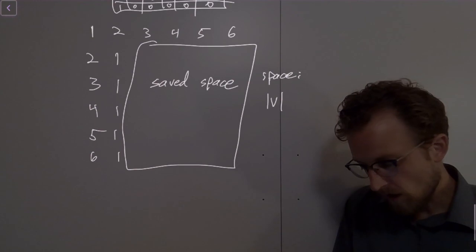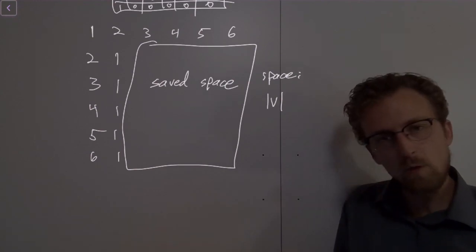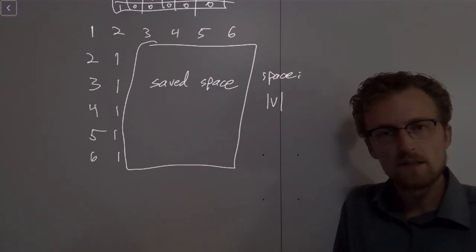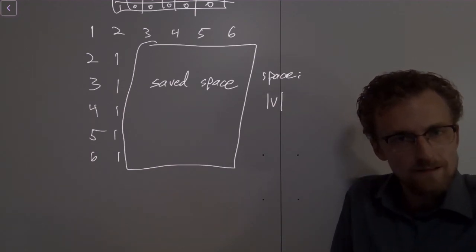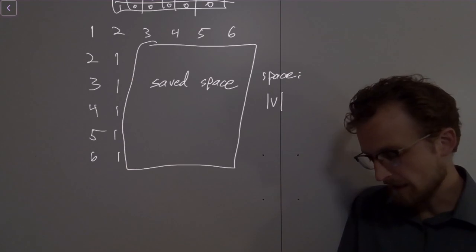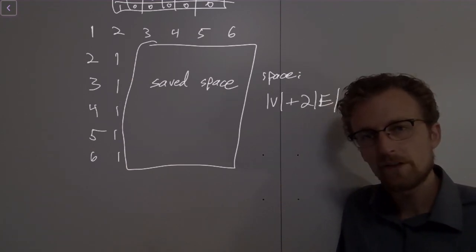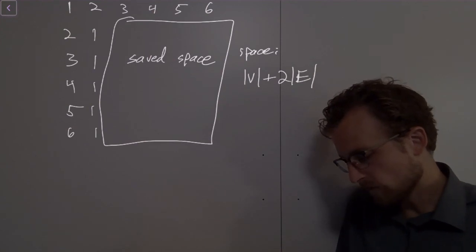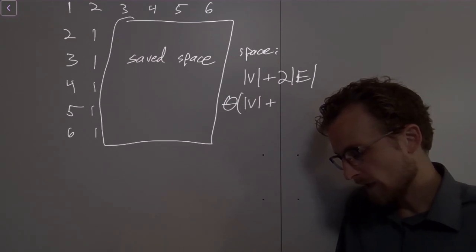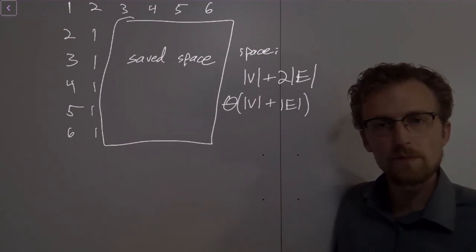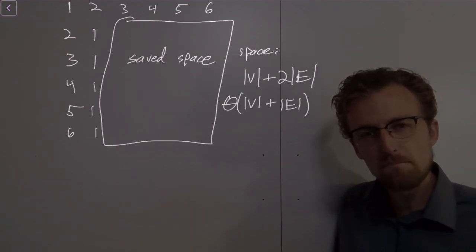So what that means is that the space required for an adjacency list representation is 1 times the size of the vertex set, because we've got v lists, and then 2 times the size of the edge set. We can write this in big theta notation as proportional to v plus e. And remember, when we're talking about big theta, plus basically means max.